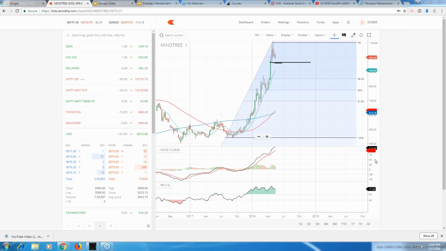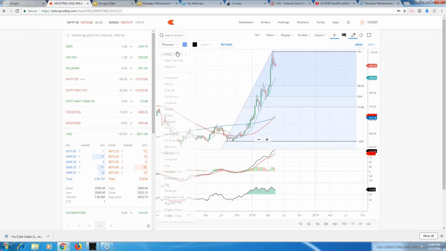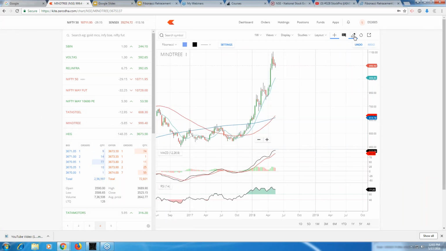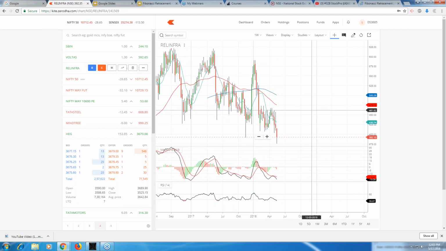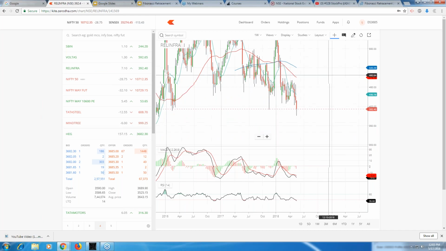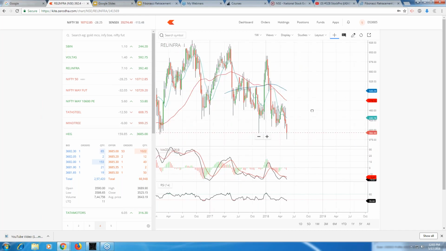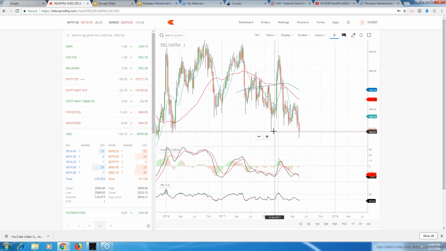Let's look into some more. I'm going to remove this drawing and make it a normal pen, and let's take up some other stock. Maybe Reliance Infra. Again, take its weekly graph. We will take the recent high and recent low. This is the recent low, and it's gone below its 100% retracement, right?